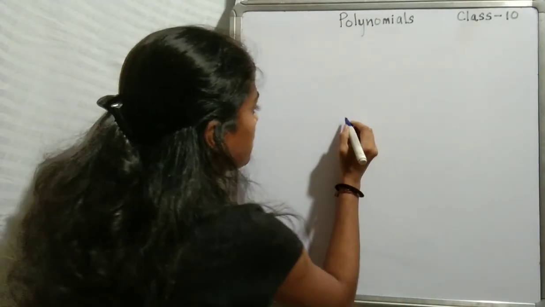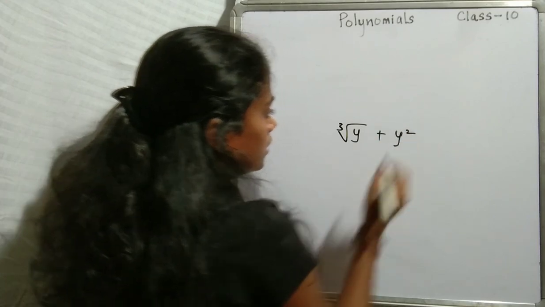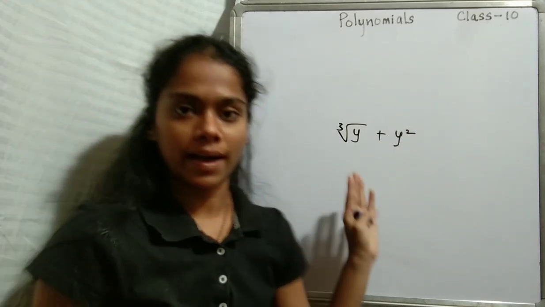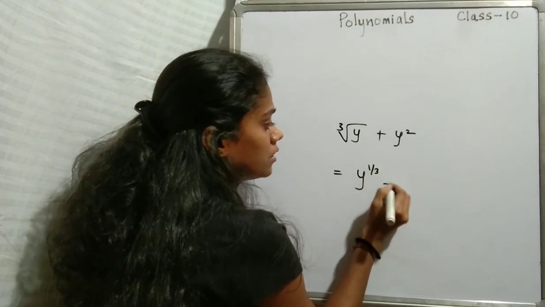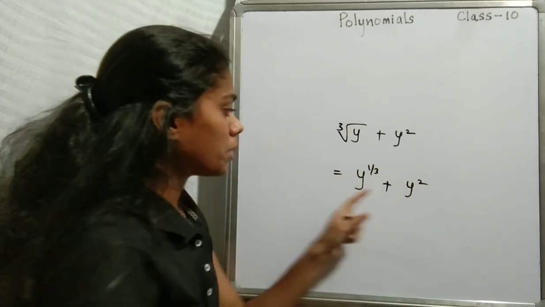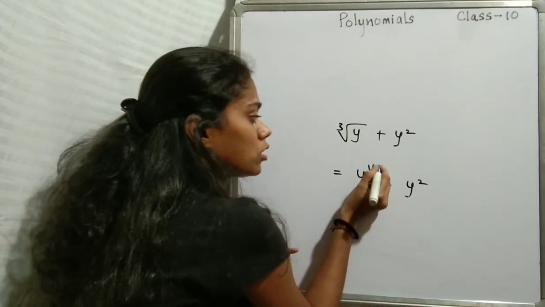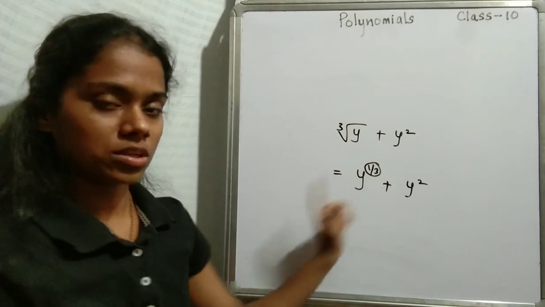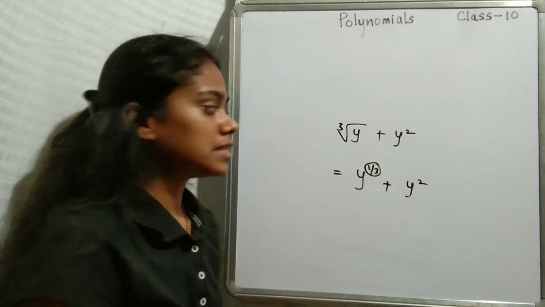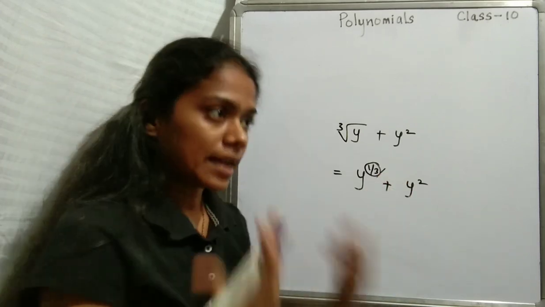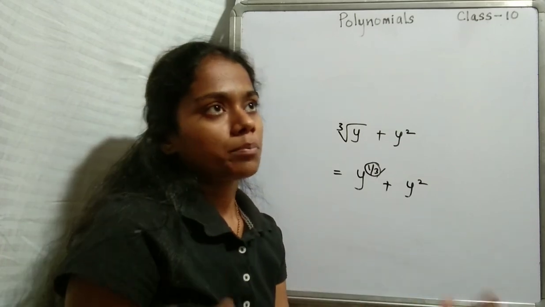If you want more examples of non-polynomials, we can see this. See, this is a non-polynomial in y because I can write this as y raised to 1 by 3 plus y square. If you see, the power of this variable is 2 and the power of this variable is not a whole number, it is a fraction. Okay, so if you have an expression where the powers of variables are fractions or negative numbers, then that expression cannot be called a polynomial.